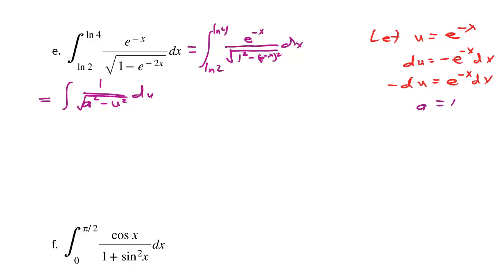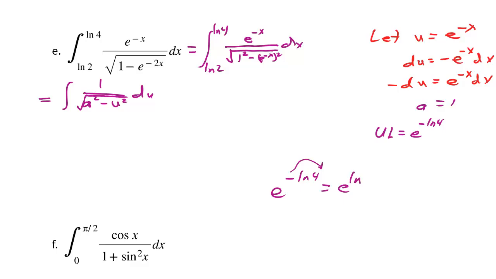All right, so like I said, I'm going to change my limits. So my upper limit will be e to the negative ln 4. Now e to the negative ln 4, remember, if you have a log, you can take the multiple at the front and move it up as the exponent.